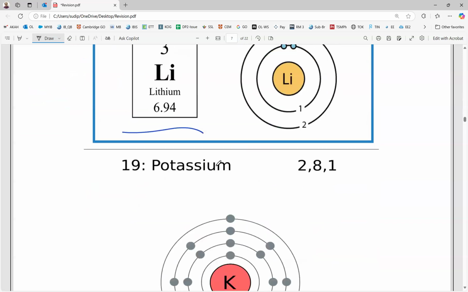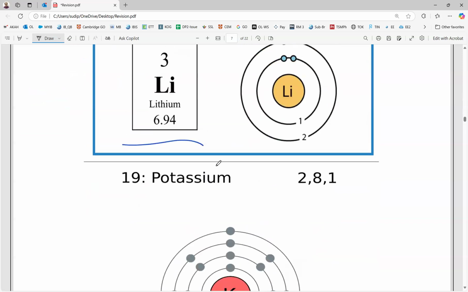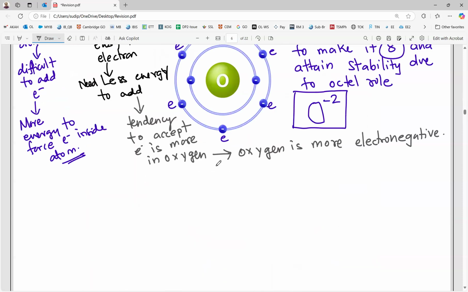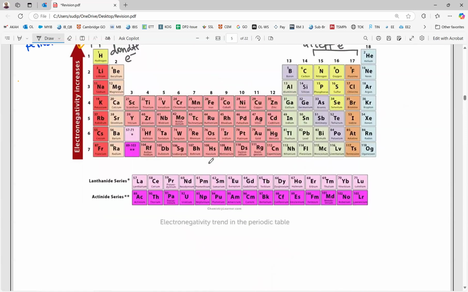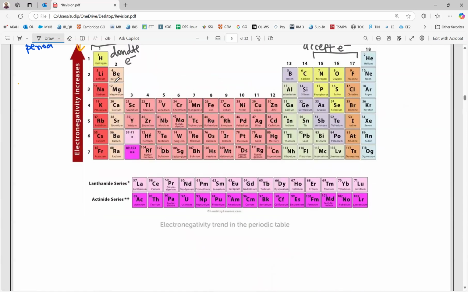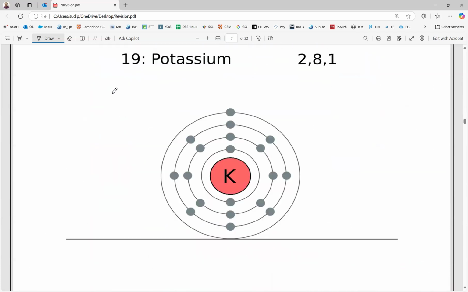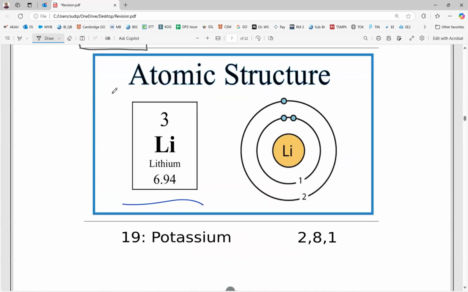If you look at the electronegativity arrow, it shows that lithium should have more electronegativity than potassium. Let us understand why.